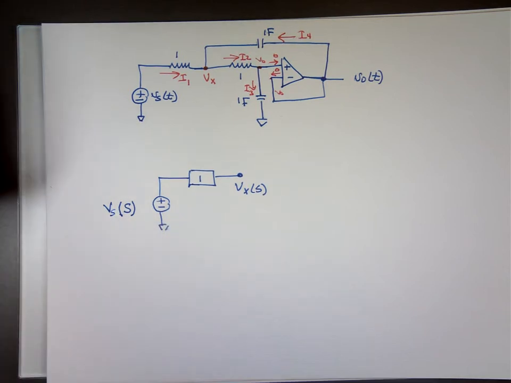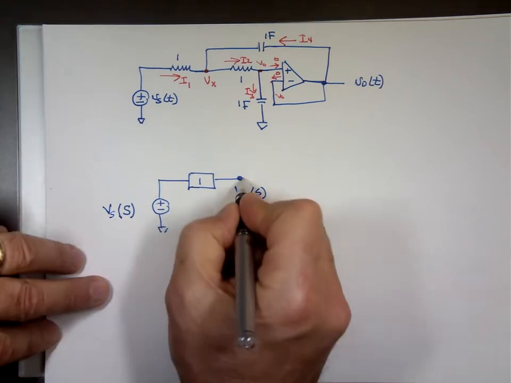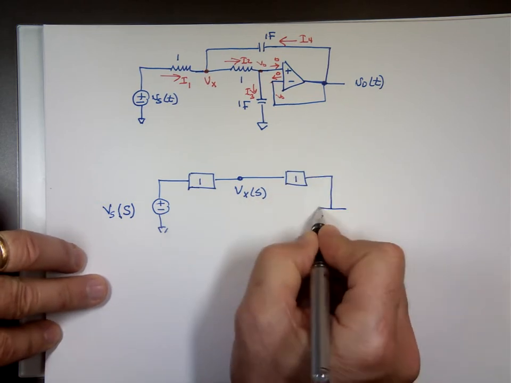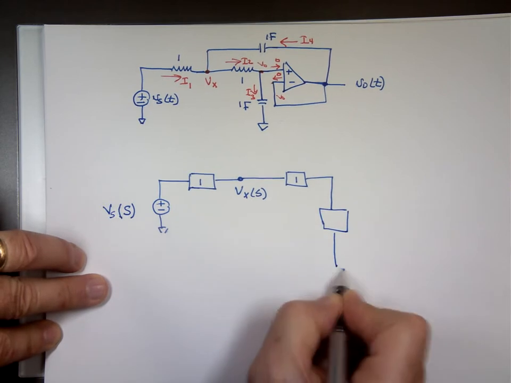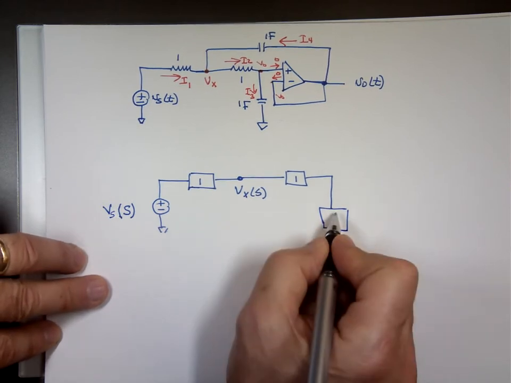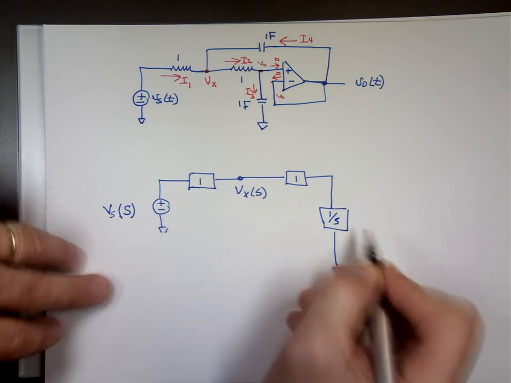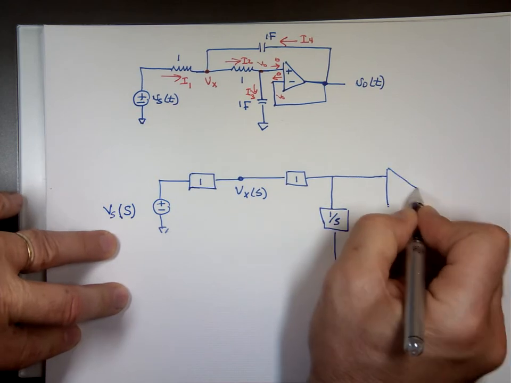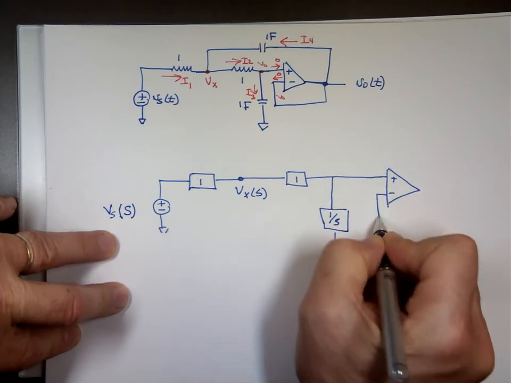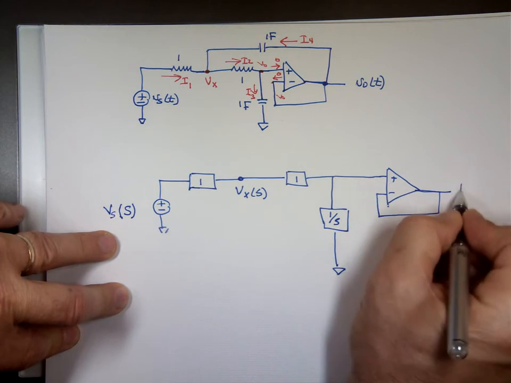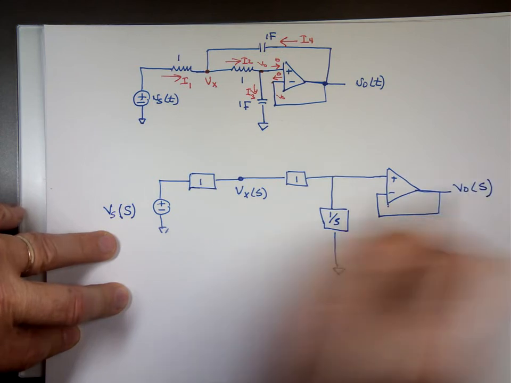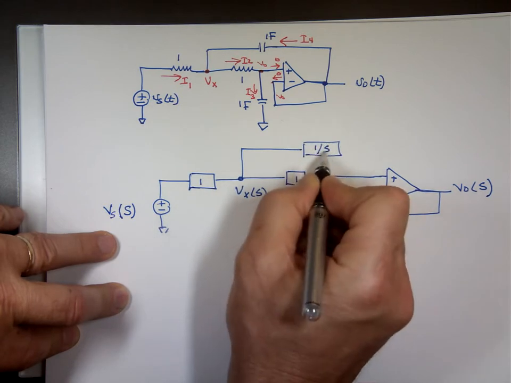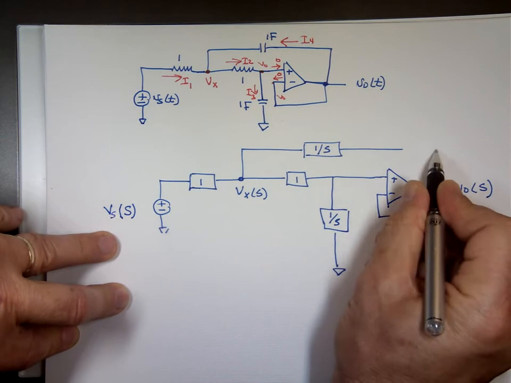This is Vx as a function of s. This is 1. Capacitor is what? 1 over sC. C is 1, so that's 1 over s. And this is V out as a function of s. And I have 1 here, 1 over sC. C is 1. That's my circuit.